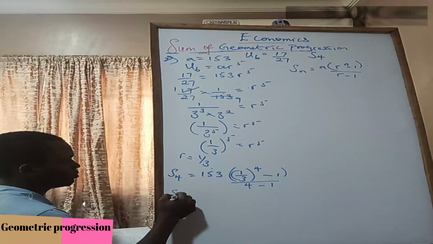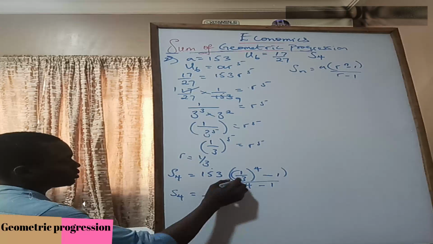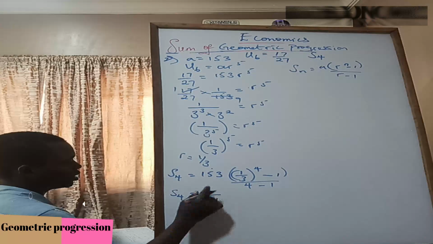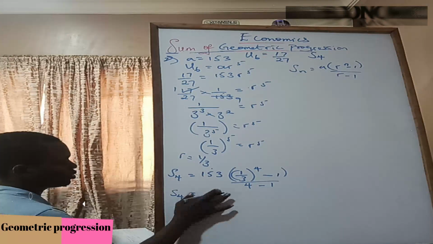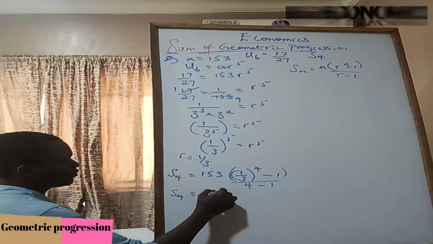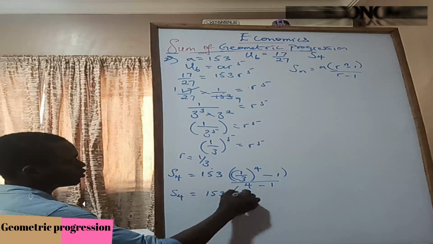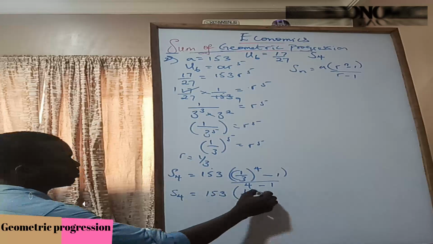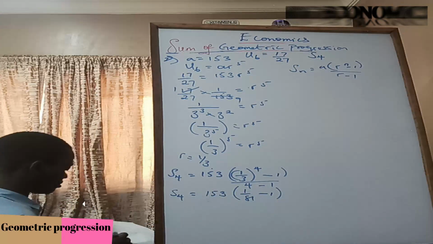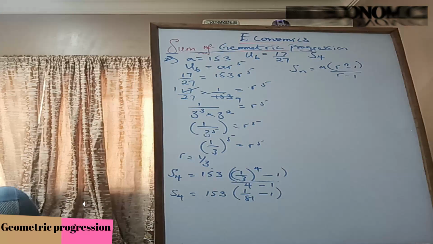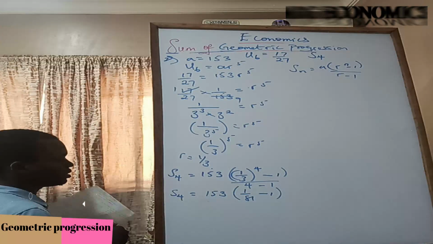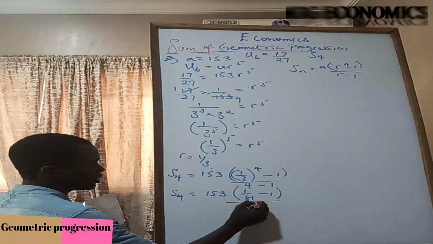Alright, so S4 equals 1 over, this should be 81. 1 over 81. 153 into brackets 1 over 81 minus 1, right? Then divided by 3.